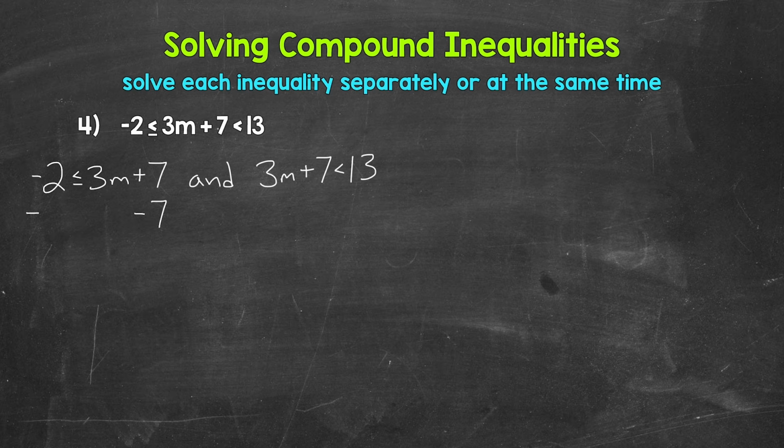That means we need to subtract 7 from the left side as well. Now the 7's on the right cancel each other out. So we have negative 2 minus 7, which gives us negative 9. So we have negative 9 is less than or equal to 3m.